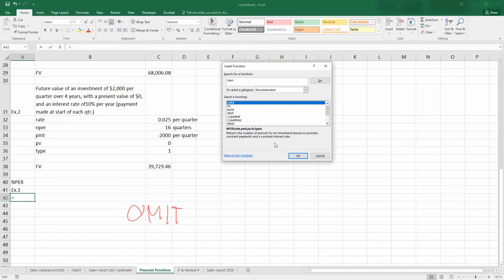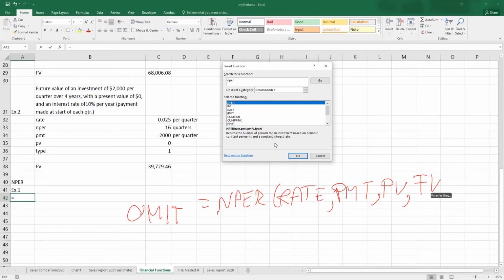For example, suppose you have NPER, and then you put rate, PMT, PV, FV. How to omit the type?